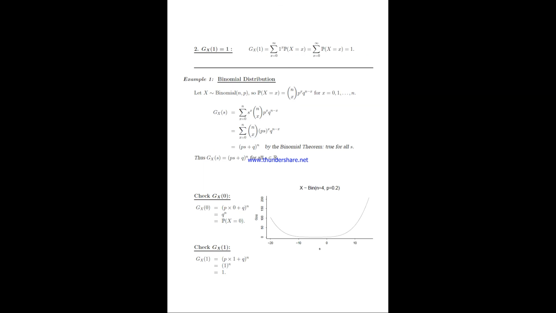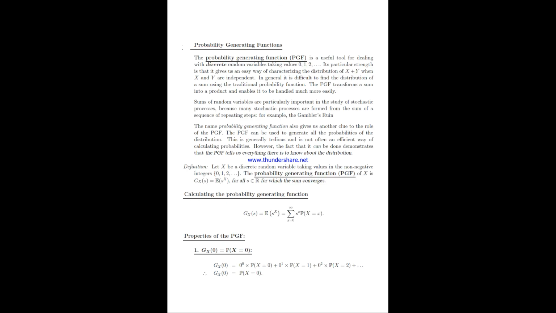The next property is what will happen when you replace s by 1. This is our formula.